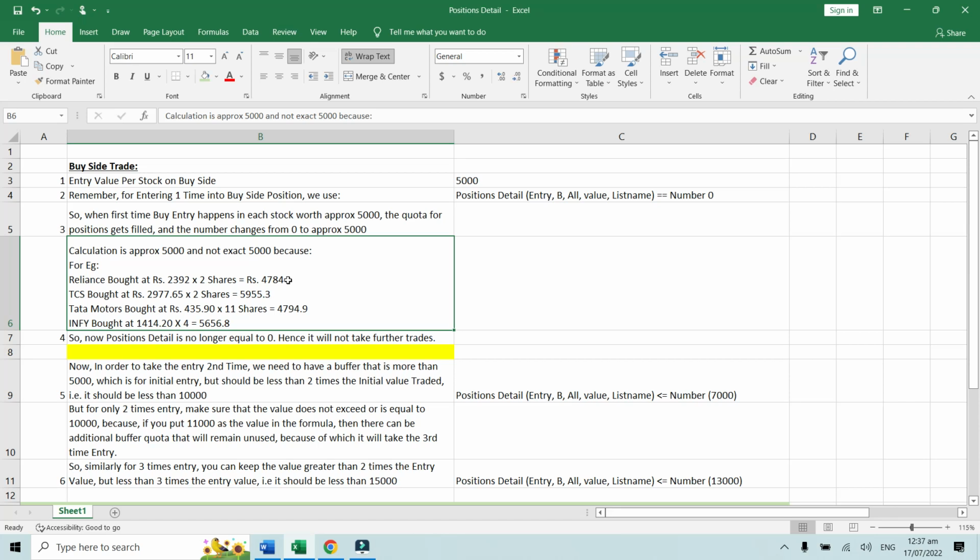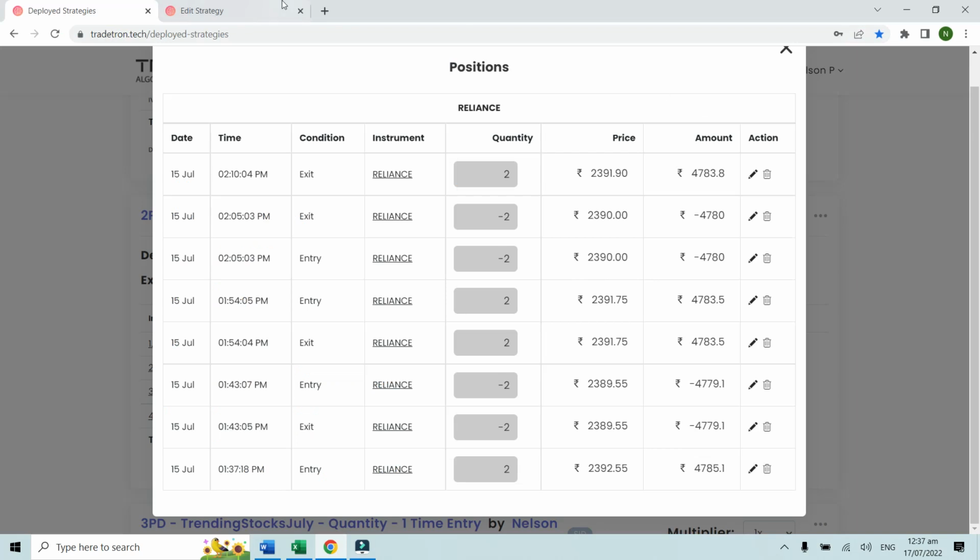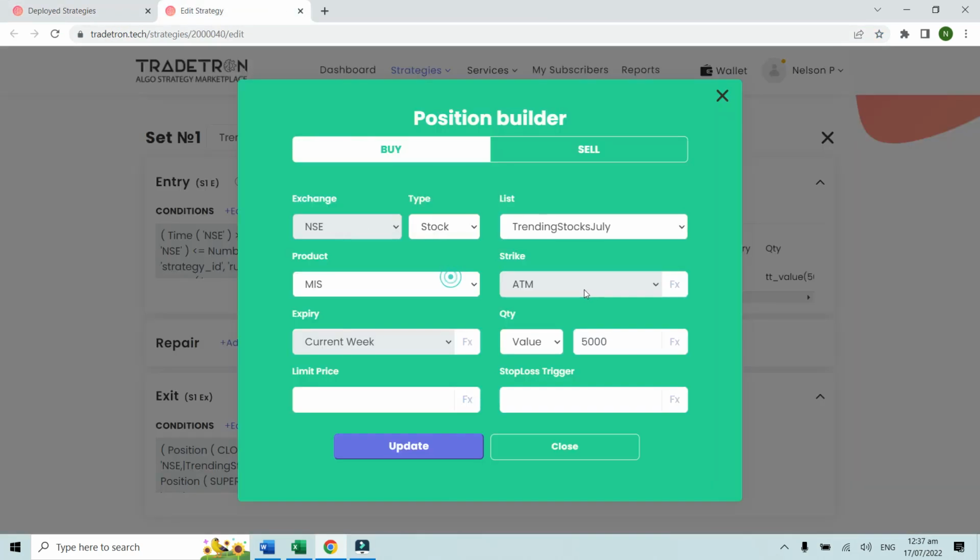Always remember that whenever we put the value as 5,000 in positions detail, it will take a trade value approximately equal to this value in each stock. Obviously the trade won't match exactly, because if for example the price is not exactly 2,500, then the value will not be approximately 5,000, right?